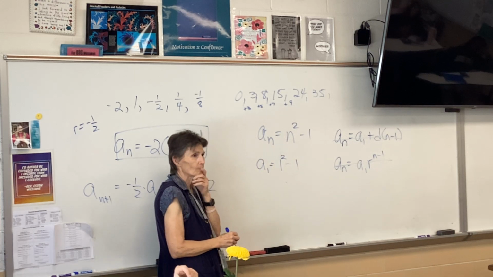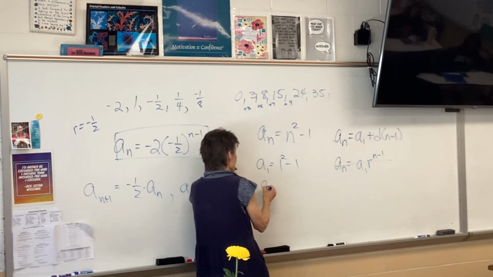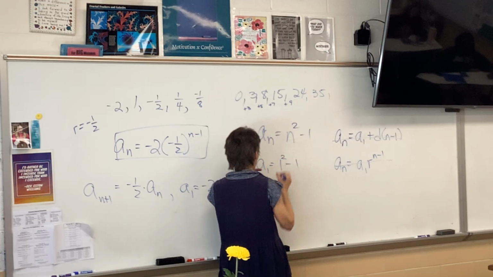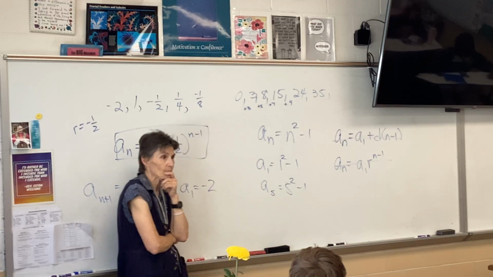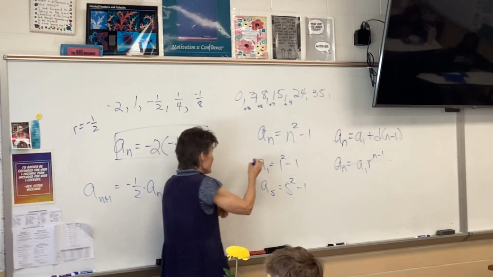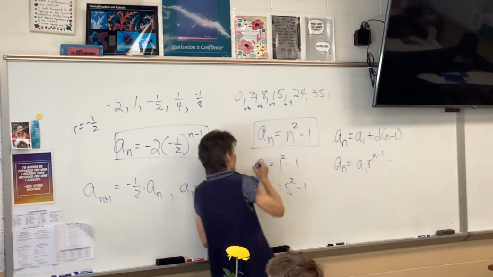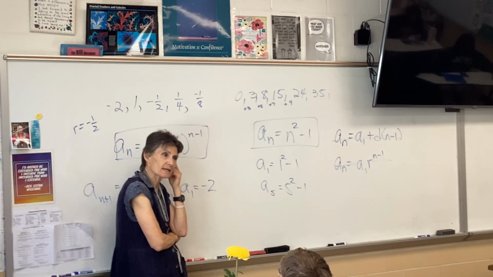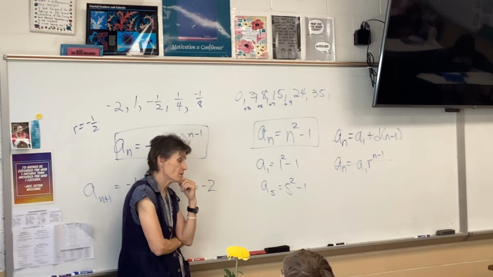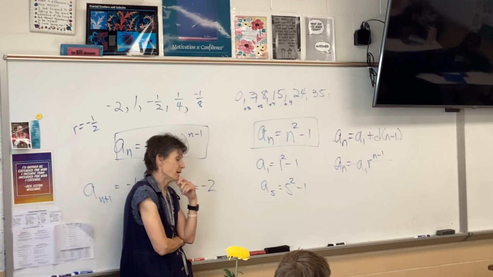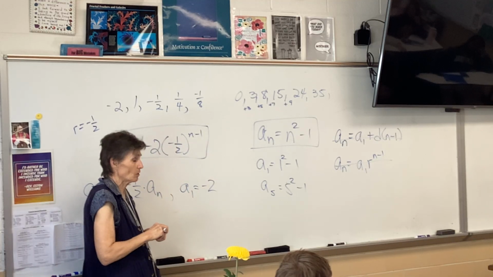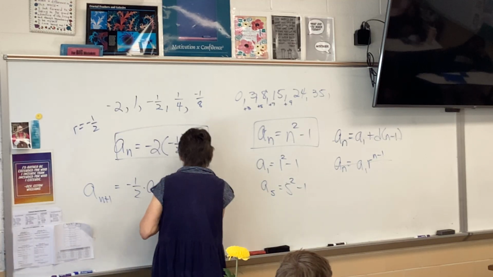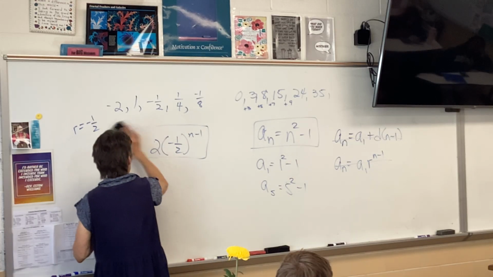Is that true? And then a sub 5 should be 5 squared minus 1. Is that true? So this is your formula. I'm not gonna give you anything like that on a test, because it is hard, but there's an example of how we have to handle a sequence that is not arithmetic or geometric.